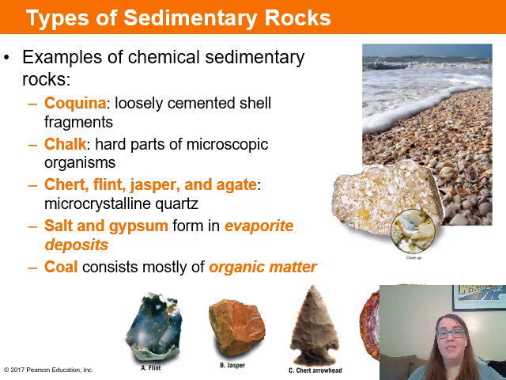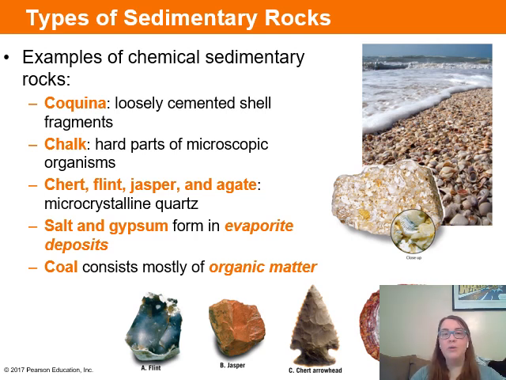So with our sedimentary rocks, we're going to see a very wide selection of how they might look. One that we're going to see fairly commonly here in Florida is a rock called coquina. It's formed on beaches that have a lot of broken-up shells that are lithified, or glued back together.